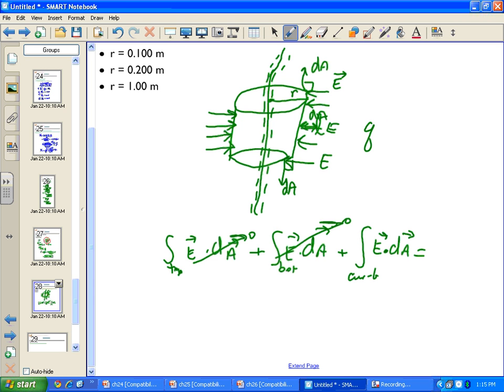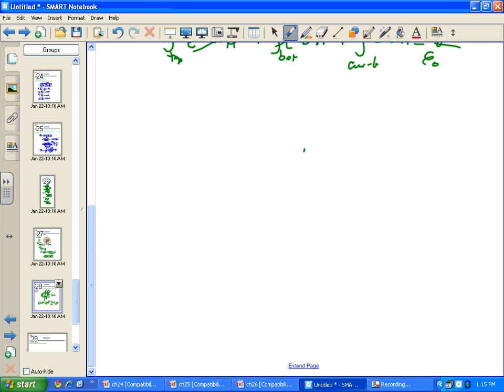So what is the charge inside? Well, since it's a uniform charge distribution, we know that it's going to be the density of charge times the length of the cylinder. So our Qin is lambda times L. E times the curved area of the cylinder, pi r squared times L, equals lambda times L over epsilon naught.